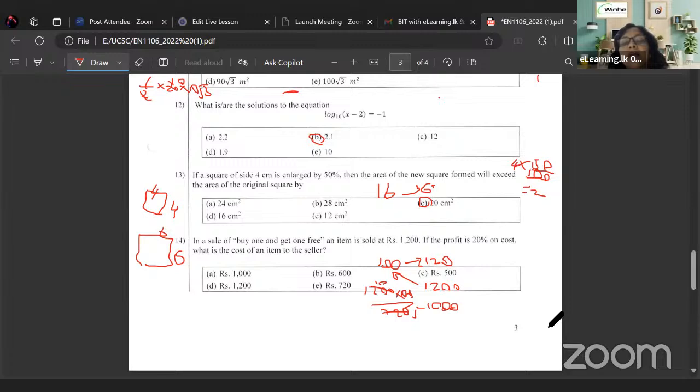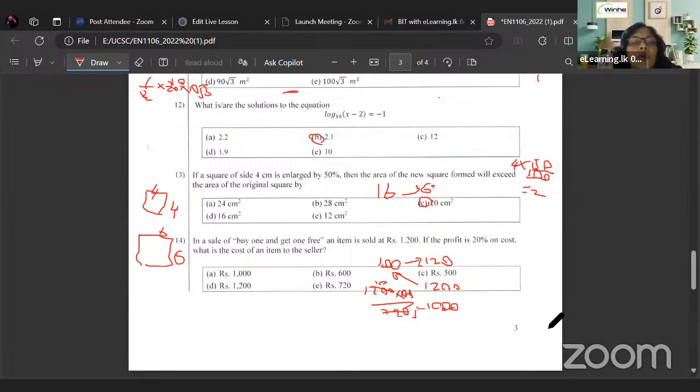Now what we have sold it for is 1200. And for 1200, what is the cost of the item? You can find it by multiplying 100 by 1200 and dividing by 120. Then you will get the answer as 1000.